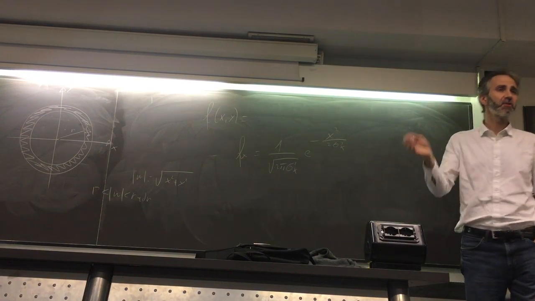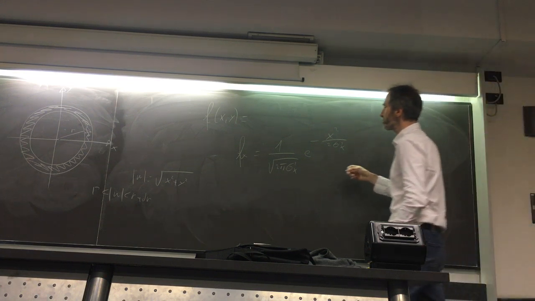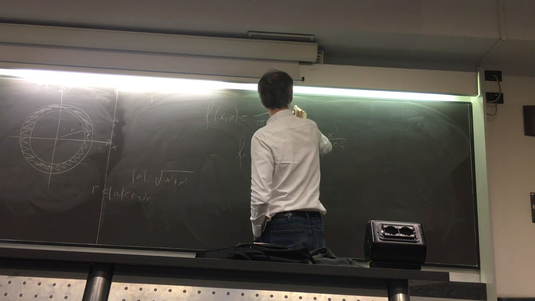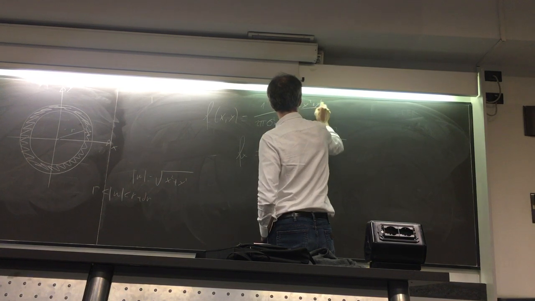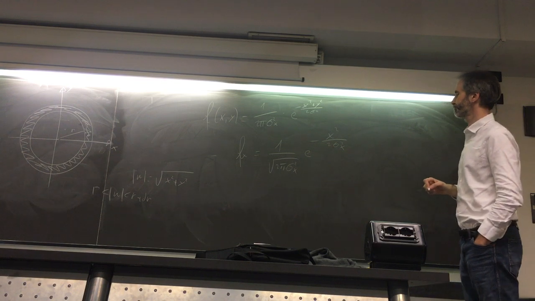The joint probability of x and y is just the product between the two, and so it is this expression.